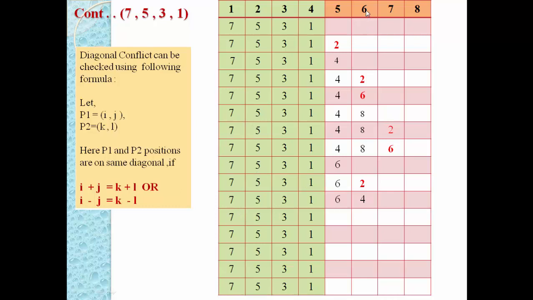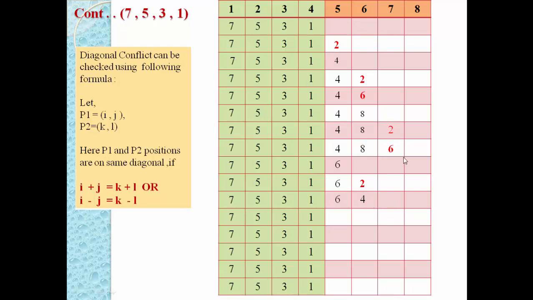No. We need to check 6 minus 4 is equal to 2. Is there any queen out of these 5 queens which has a subtraction of row and column equal to 2? No queen has a subtraction of row and column equal to 2. It means that this is our correct position. We can place our 6th queen on 6th row, 4th column.